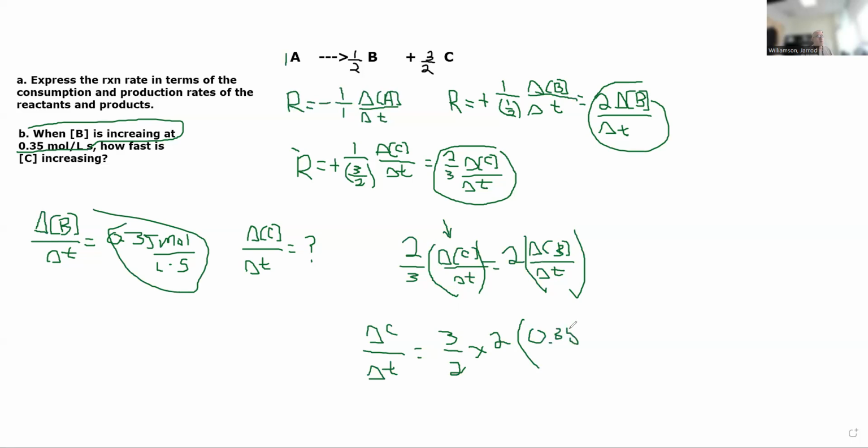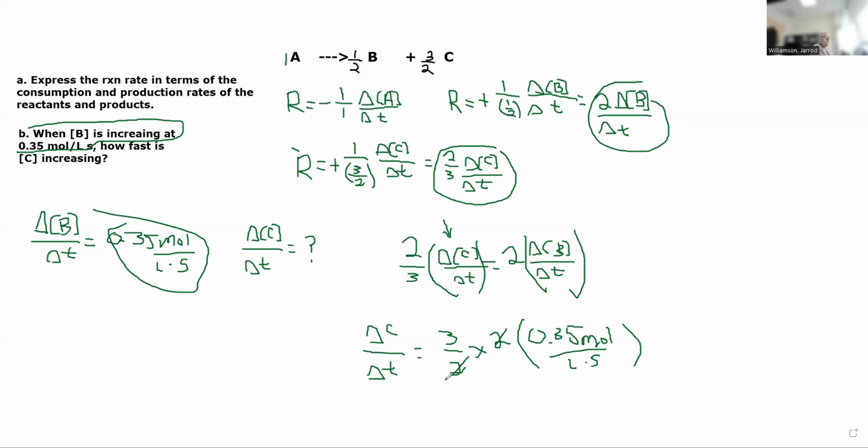The 2's here happen to cancel out conveniently.